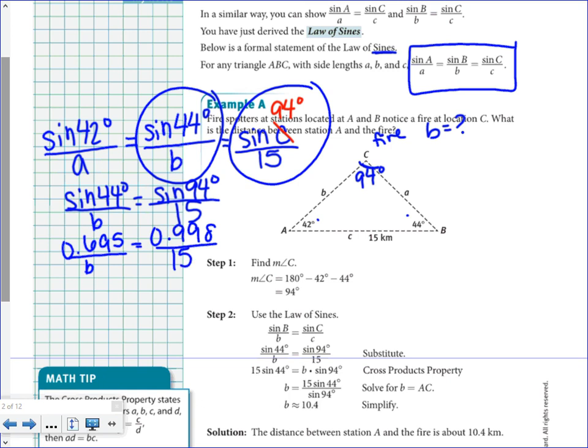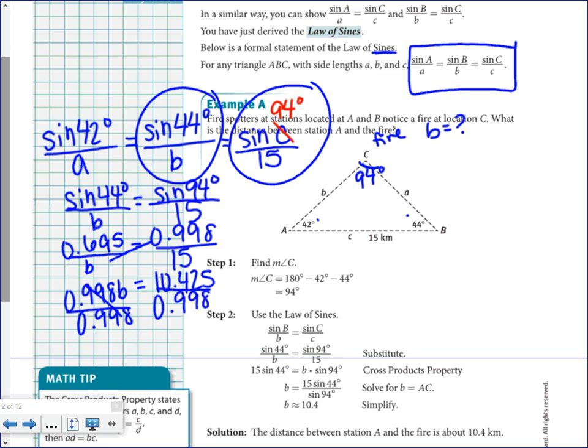And from here, you're going to cross multiply. So B times 0.998, 0.998B, and then 0.695 times 15 is 10.425. And then if you're solving for B, you're going to divide by 0.998.